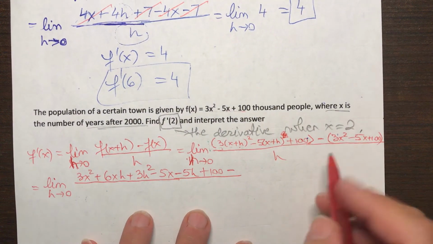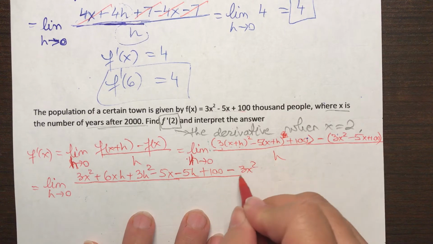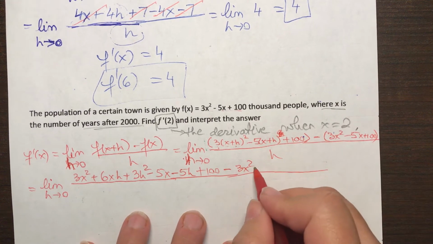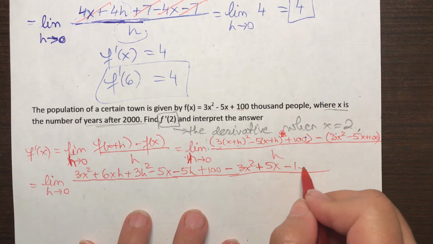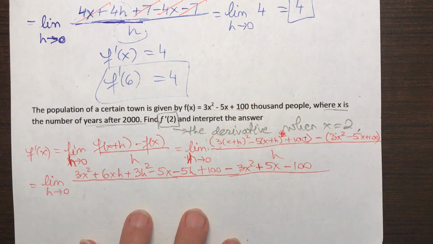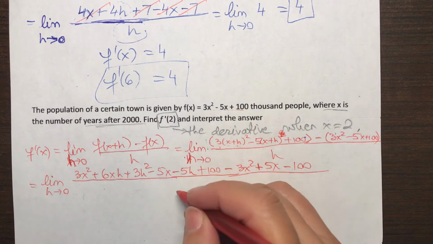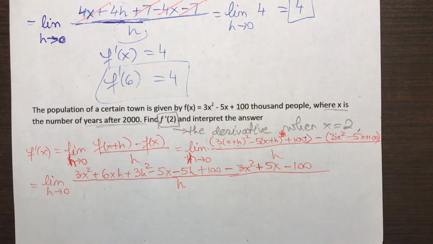So minus 3x squared, minus minus is a plus 5x, and minus 100. Great. All over h, of course, but I was eager to start crossing things out.